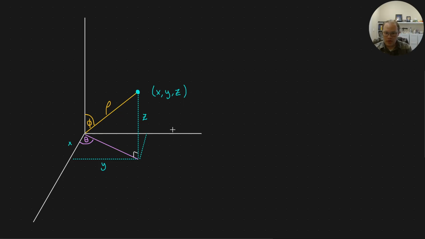So a spherical point can be described using the variables rho, theta, and phi. Okay? All right, let's relate these two. How do we relate rectangular variables to spherical variables?